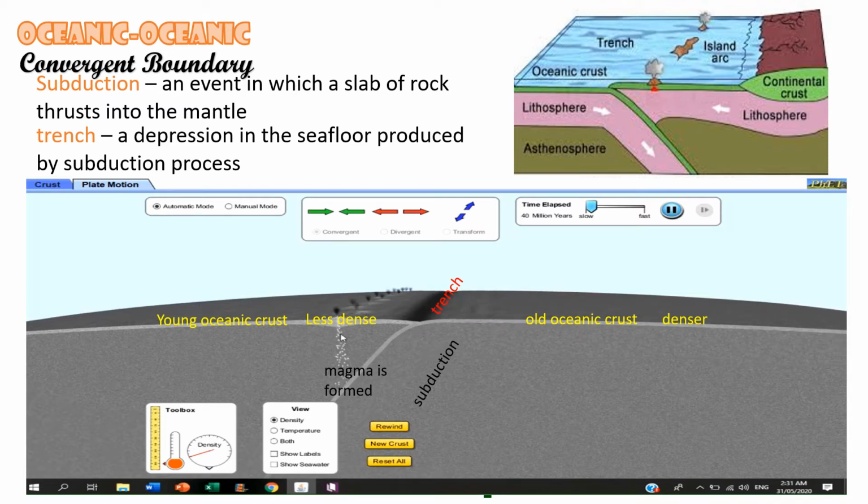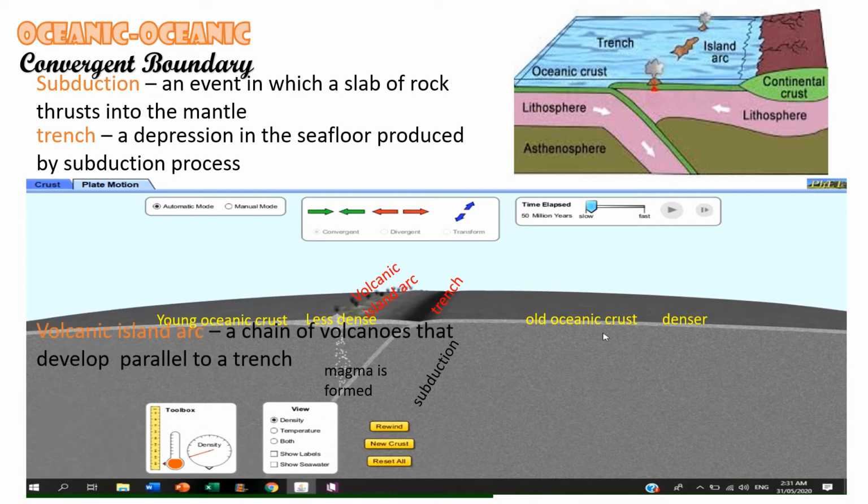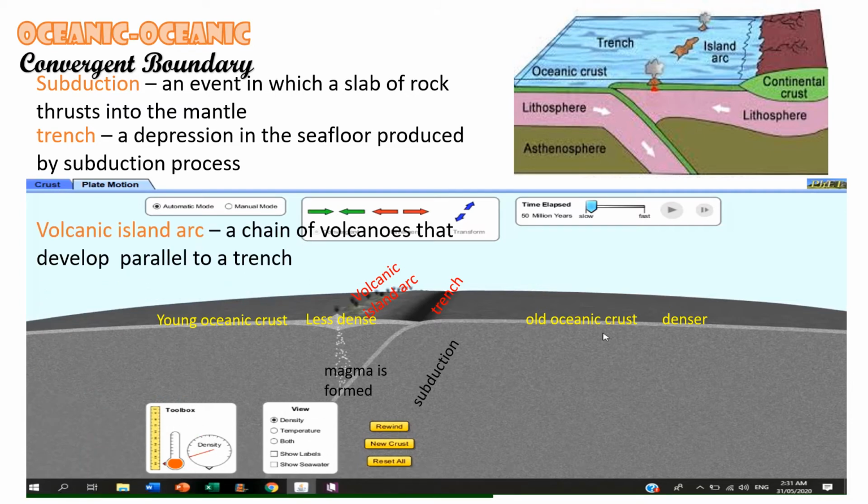If you have noticed, the geological features and events associated with the oceanic convergent plate boundary are similar to those associated with the oceanic-continental convergent plate boundary, except that instead of a volcanic arc, a volcanic island arc is formed. A volcanic island arc is a chain of volcanoes that develop parallel to a trench.